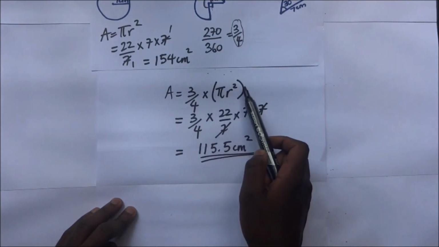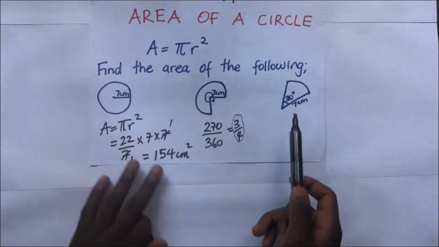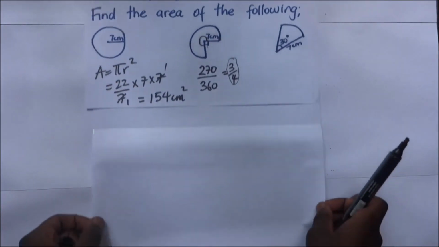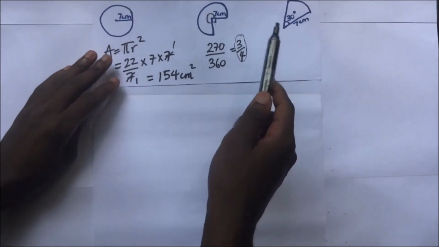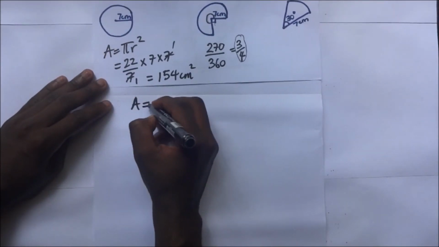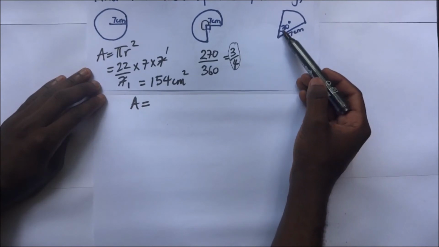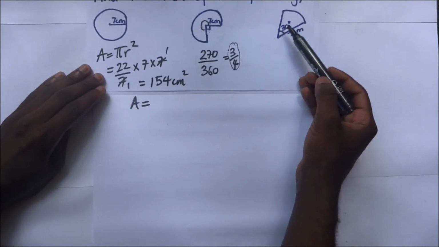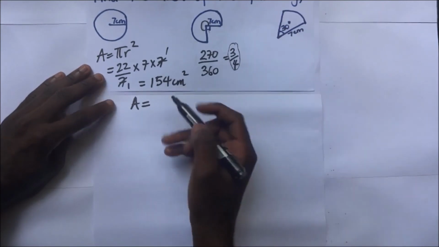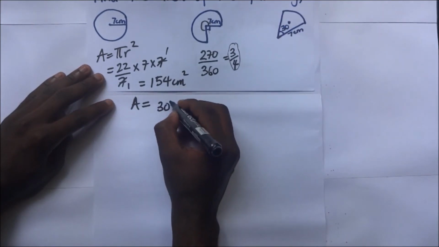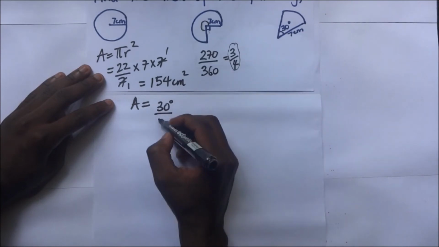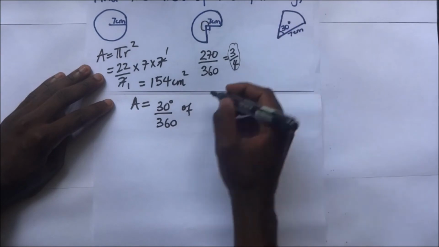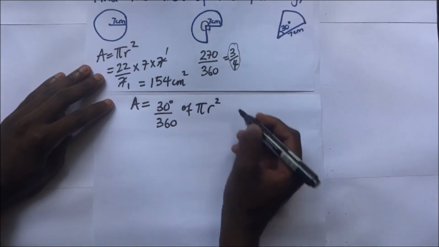Looking at this other circle, this sector, to find the area of that sector, you find that this sector is only having 30 degrees in between. So now what is 30 degrees of the whole circle? The area is going to be 30 degrees over 360 degrees of the area of the whole circle, which is pi r squared.